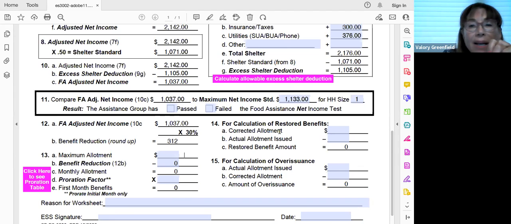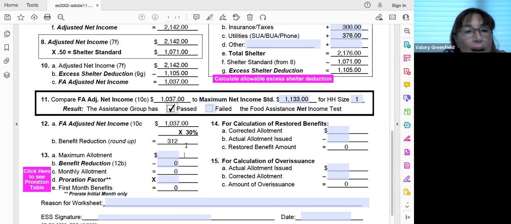And does he meet it? Well, because of all of his deductions, especially that excess shelter deduction, his food stamp adjusted income is below the net income standard, so he passes. Again, the presumption that he's going to spend 30% of his own income on food is found at 12B. He has a benefit reduction of 312.